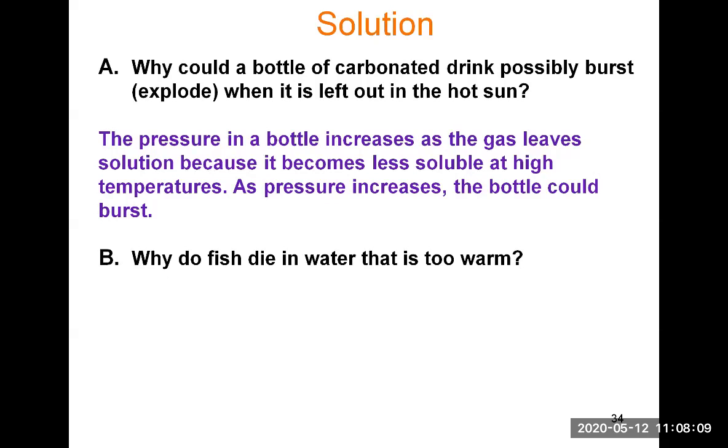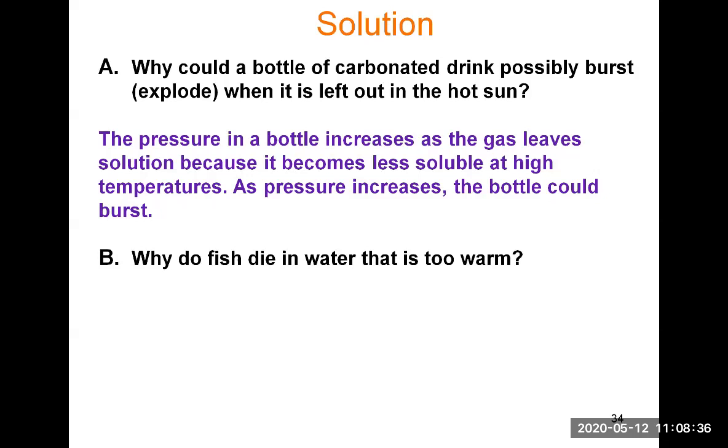So another question, why do fish die in water that is too warm? So think about it. When the water gets warm, it means the temperature is increasing, like during summertime, temperature can get much higher. And when temperature increases, the solubility of gases decreases in the water.